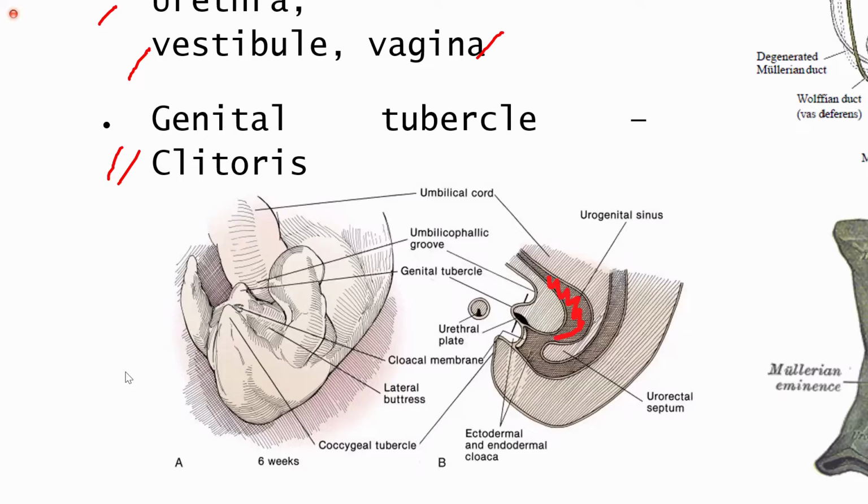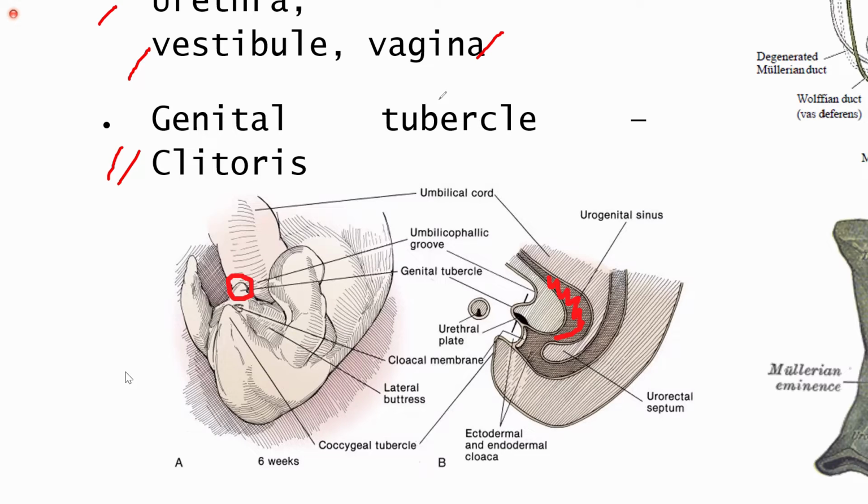So in humans, this could serve as the copulatory organ. Okay? This is where the penis attaches. And aside from that, if we take a look at this portion, the prominence, this is the genital tubercle that becomes the clitoris in females.